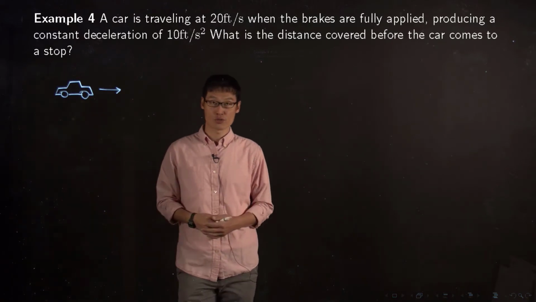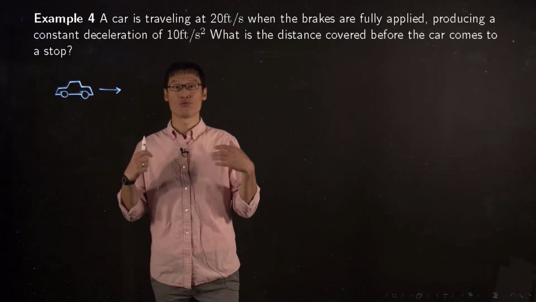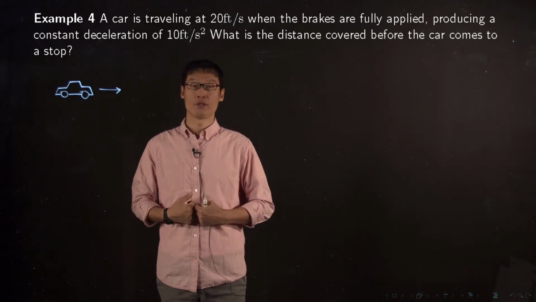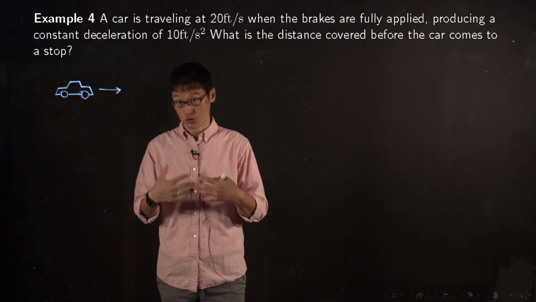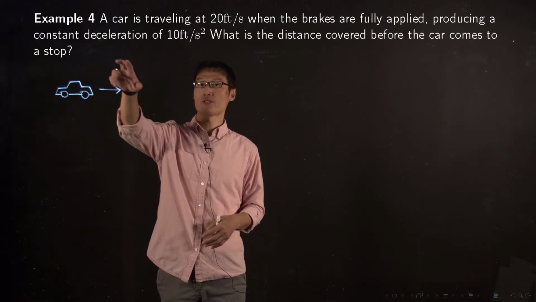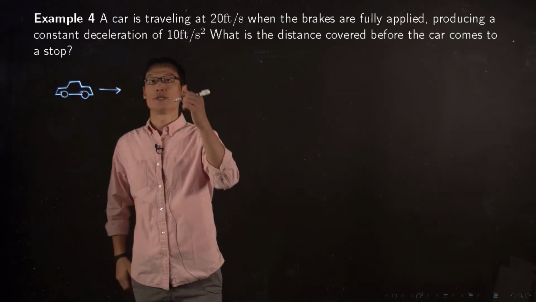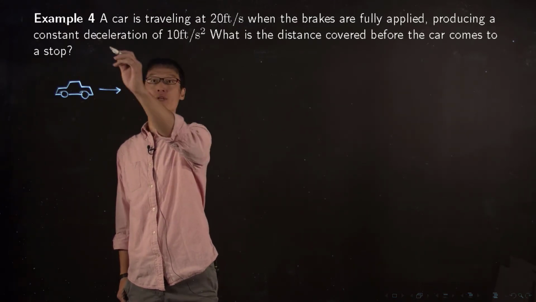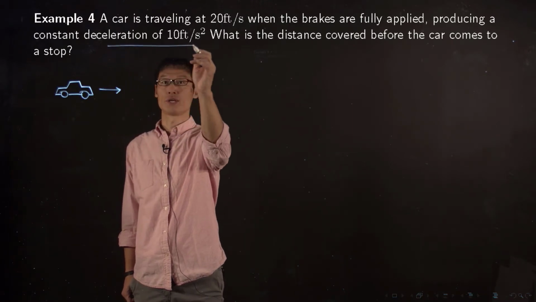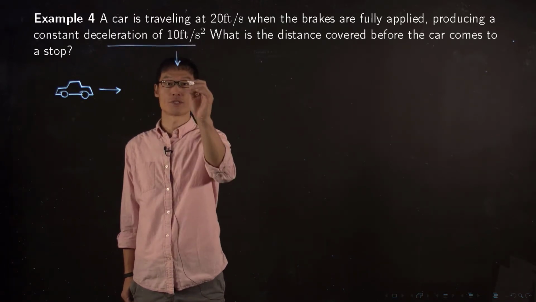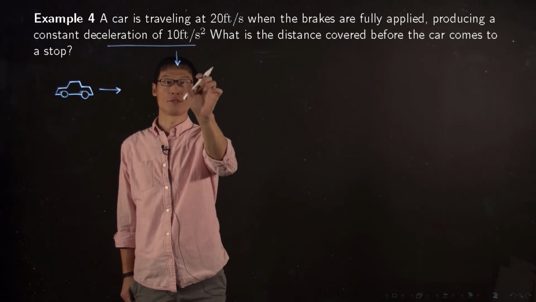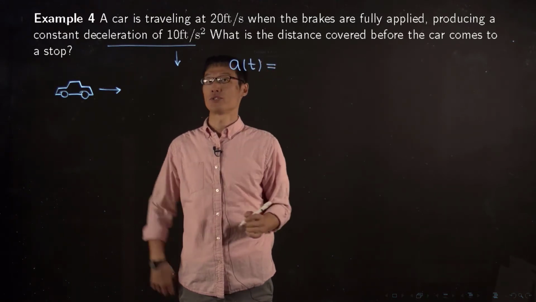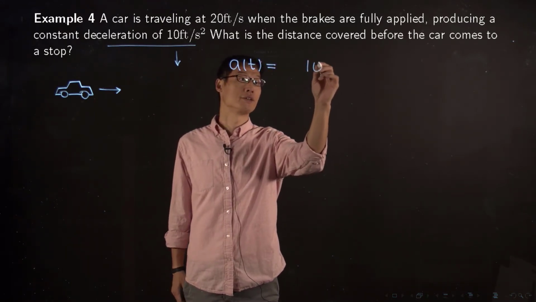So we need to read this problem carefully to find which functions are given or which antiderivatives we need to take. This deceleration gives you acceleration. So we can use this information to get a function, say a of t, which is just a constant, 10.